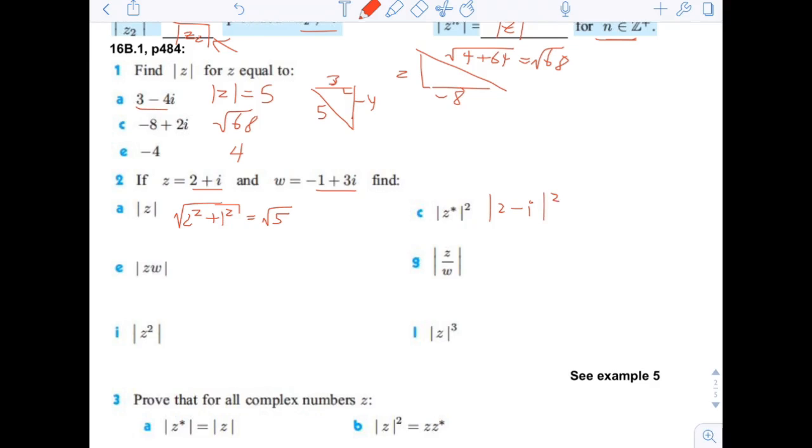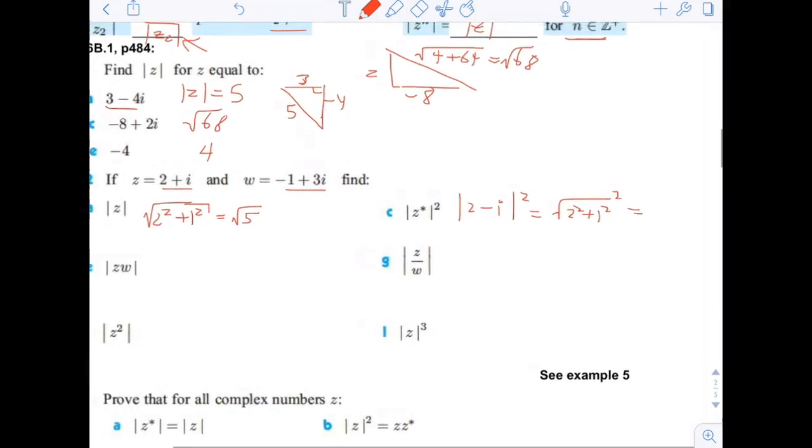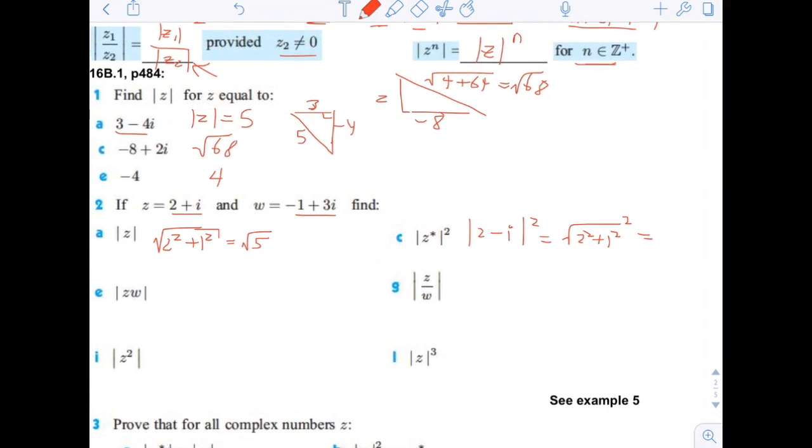The modulus of 2 minus i would be equal to the square root of 2 squared plus 1 squared, and we're going to square that. So that would be the square root of 5, squared, which is equal to 5.